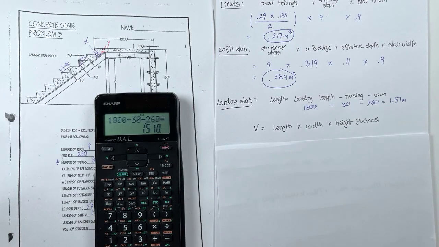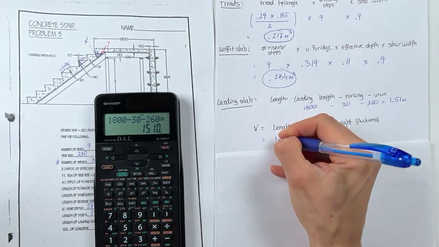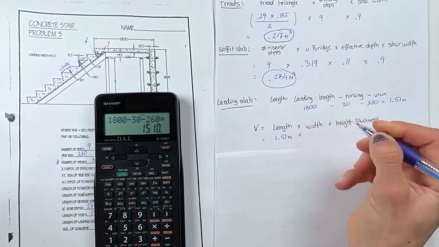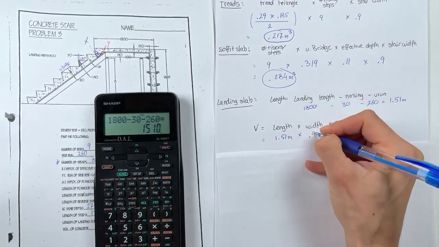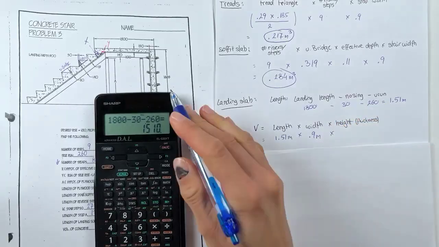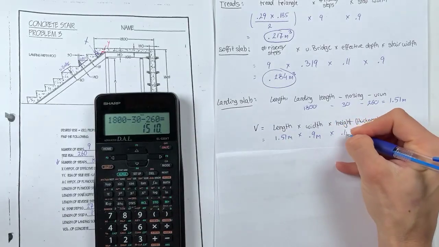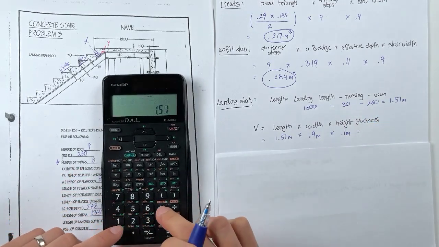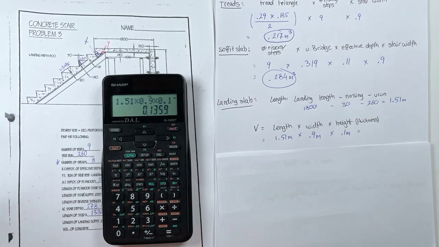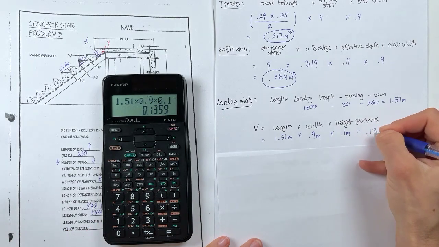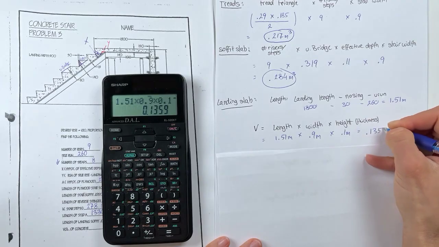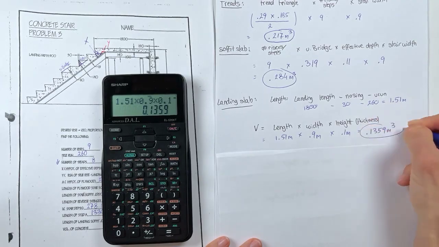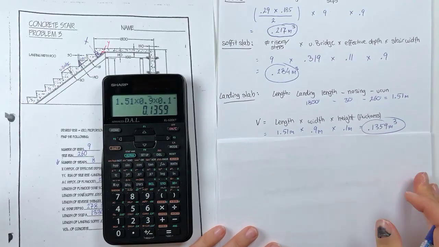And to get the volume, length times width times height. So we have our length that we just figured out, 1.51 meters, times our width is 0.9, times our height is the 100 mils of the thickness, so 0.1. Let's pop that in, 1.51 times 0.9 times 0.1. 0.1359 cubic meters. Okay.